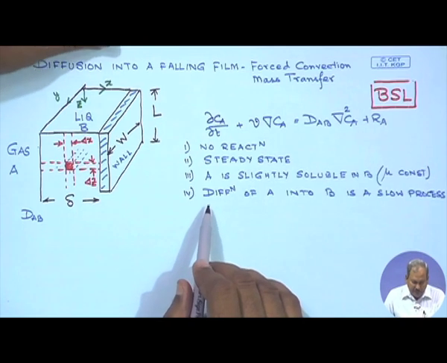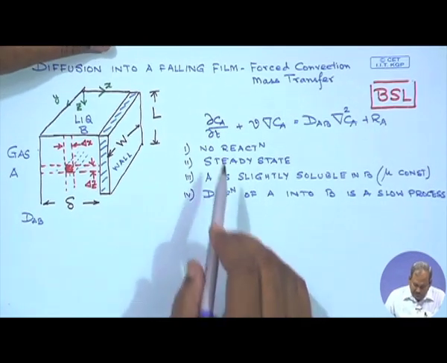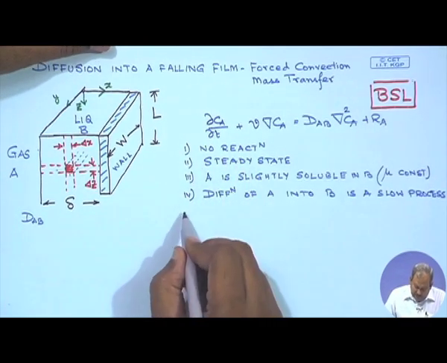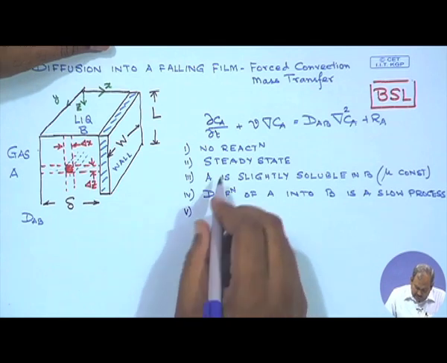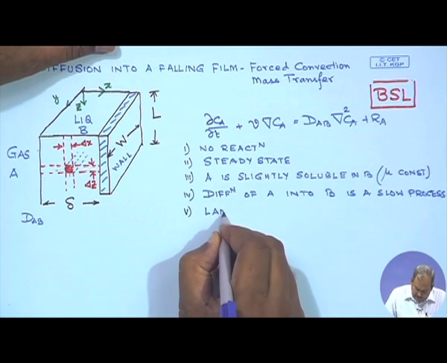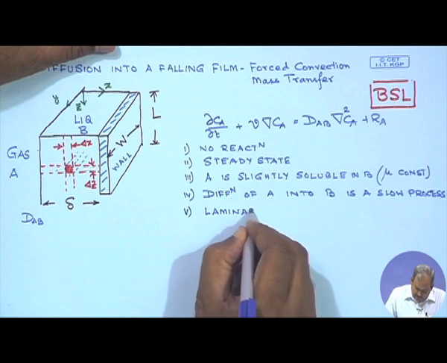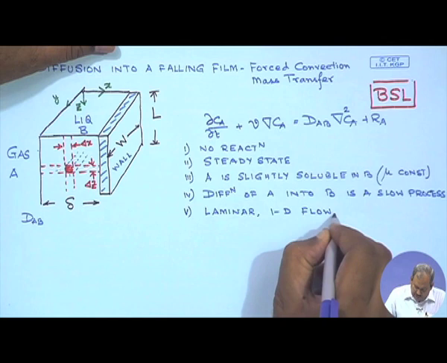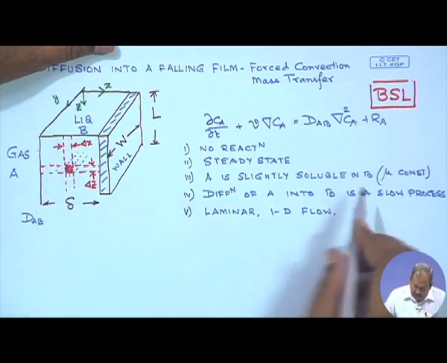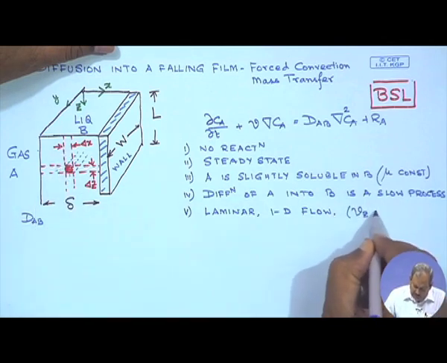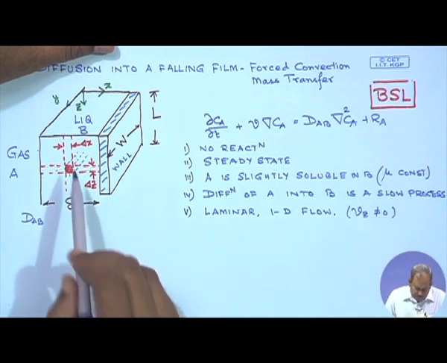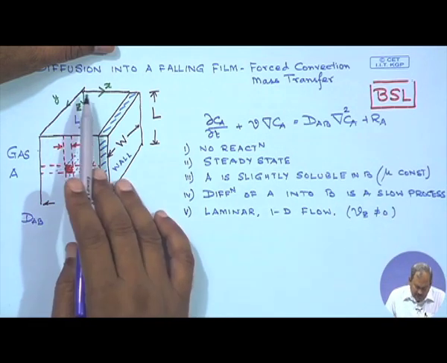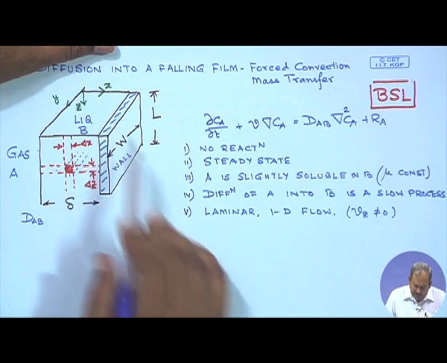It's not a very fast penetration. The other one is it's laminar 1D flow, such that we have only Vz, which is not equal to 0. There is no velocity in the y direction and no velocity in the x direction.